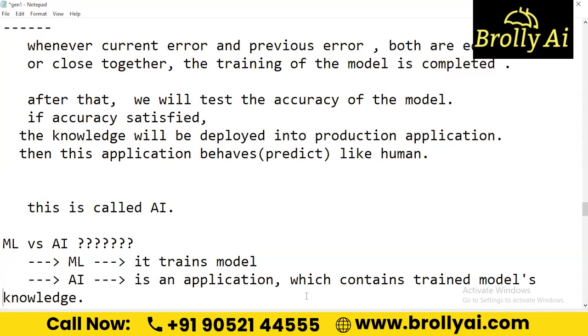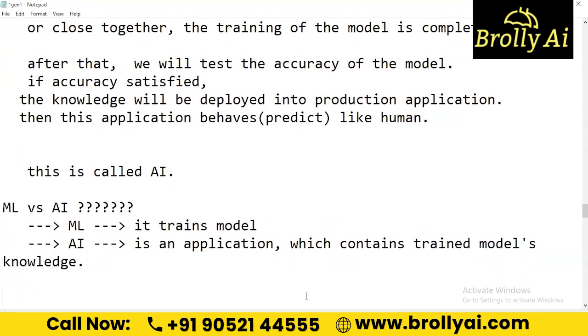Finally, once the trained model's accuracy is tested and you are satisfied with it, you will deploy that model's knowledge into the application. Model and model's knowledge, both you will deploy. Then that application behaves like a human. That means if you want to build an application, the backend brain is the training of the models. The training of the models can be done with machine learning, neural networks, deep learning.